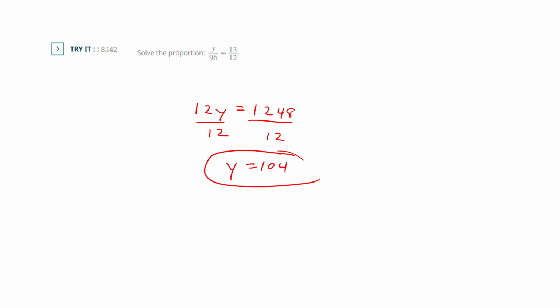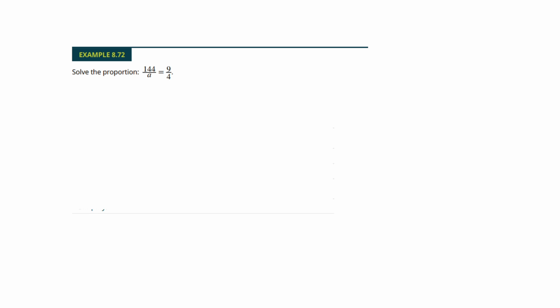All right, nothing really different, except we just changed the location. So I'm going to do my lasso. This time we're going to get 9a, and we're going to get 4 times something. Now divide both sides by 9.